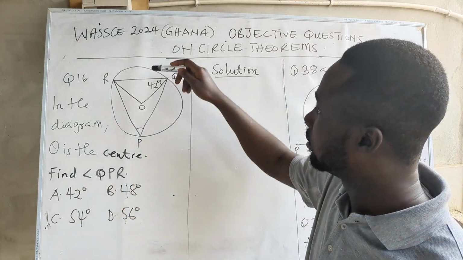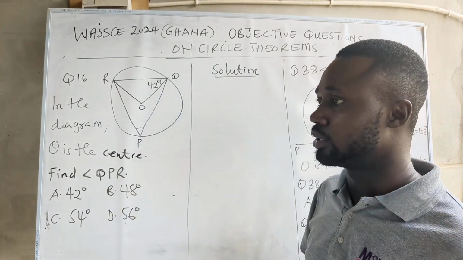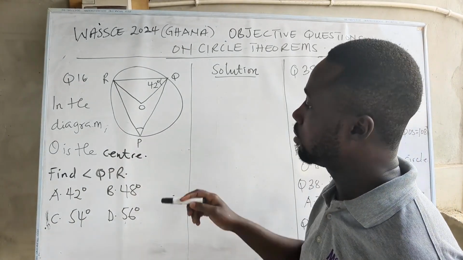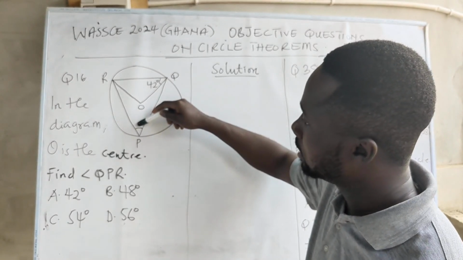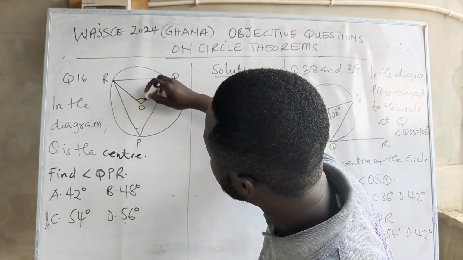Angle QPR, so this particular angle here. How do we find the angle here? What we know is that there is a relationship between this particular angle at P and the angle at ROQ here.